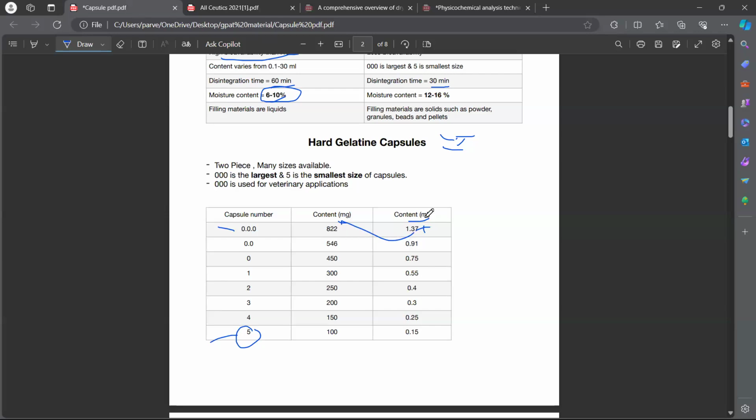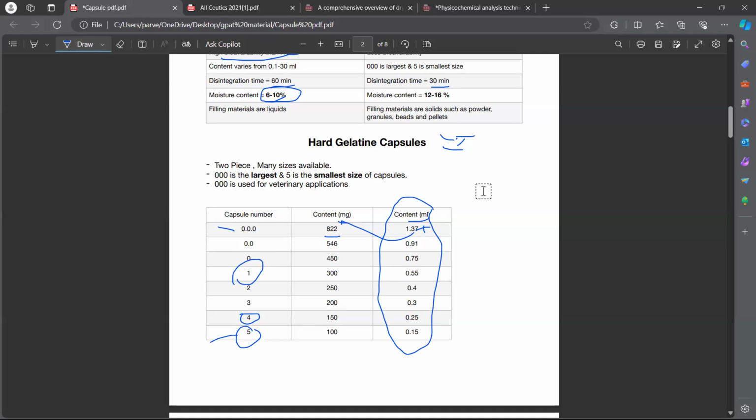So by multiplying the ml content by 0.8, we can get the content in mg. Try to remember this value, it is very, very important. They may ask what the content of capsule number 1 or capsule number 4 is. So remember any one thing, mg or ml.